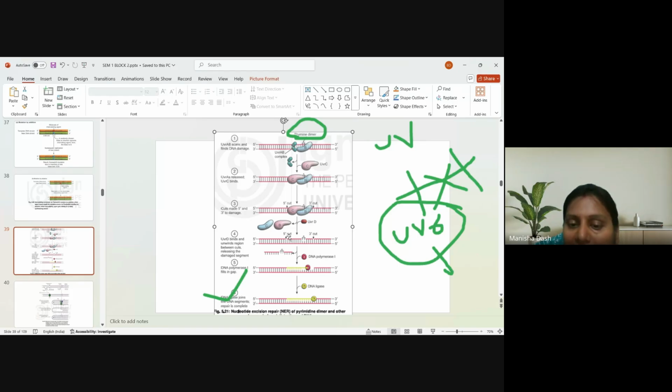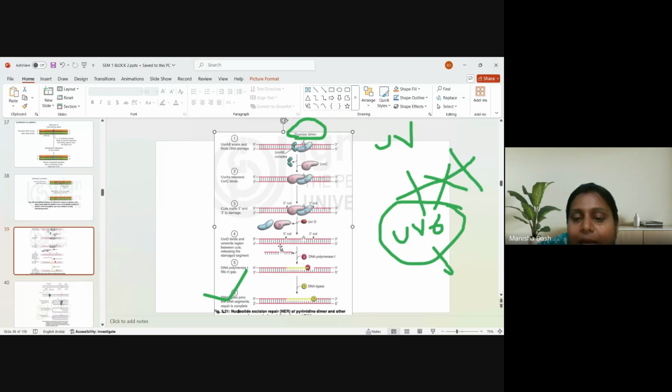As it is a helical structure and you are seeing it in 2D, that is why it is appearing linear, but it is actually in the helical form. So UVRD will unwind and release the cut segment from the existing DNA strand. Now this will create a gap over here.